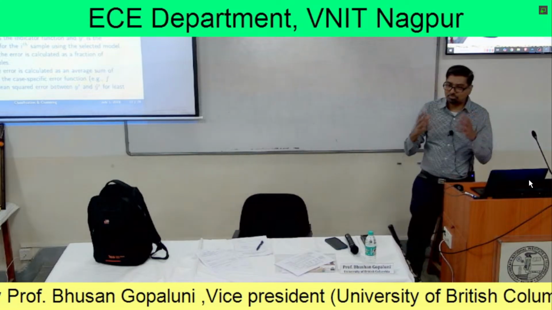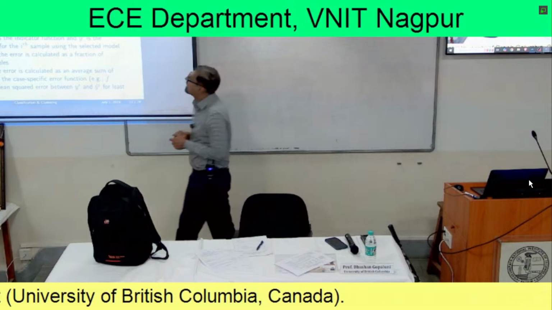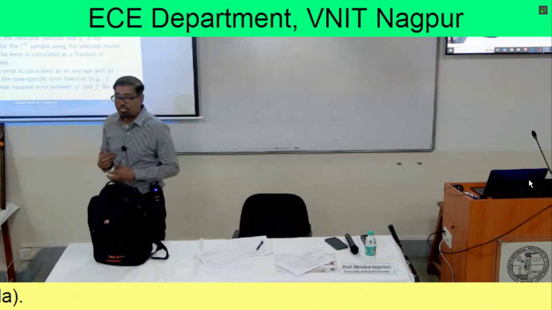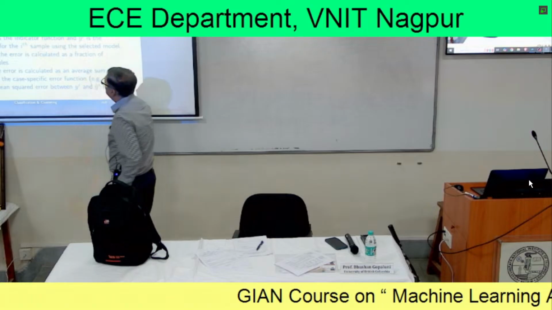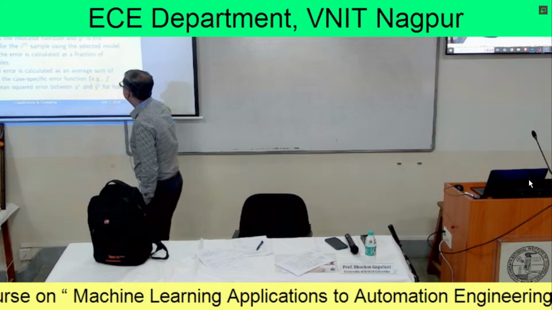Typically, it's the difference between the predictions and the actual values that you've measured from the data. So there has to be some way of measuring the accuracy of the model.